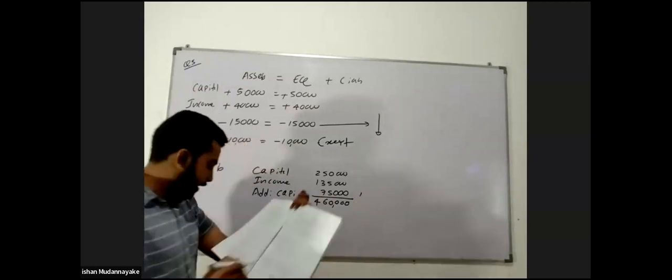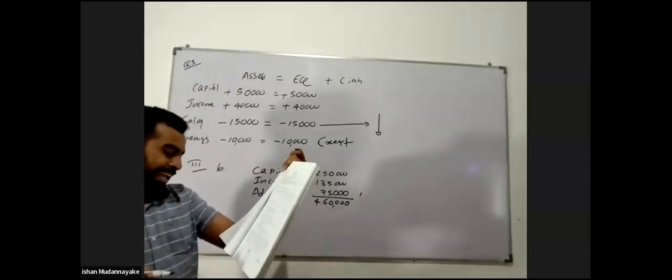Right. Then additional capital 75,000. Total amount how much? For 60,000. And then minus expenses.